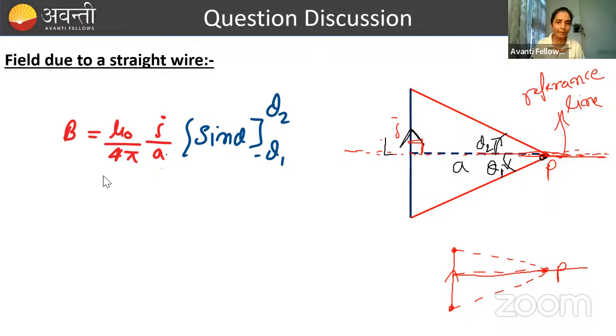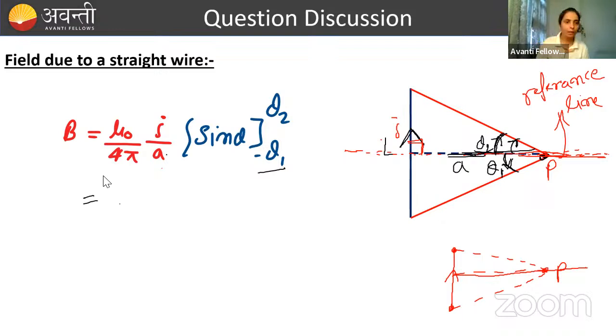Theta2, measurement will start from this line. So this is theta2. We are measuring in which direction? Clockwise. So it is positive, plus theta2. And this we are measuring in anti-clockwise direction, so that is negative. इसलिए यहाँ पे लिमिट में है minus theta1 to theta2, right?